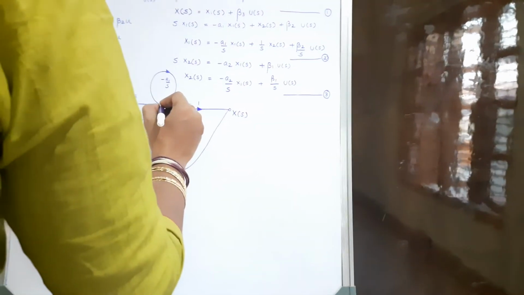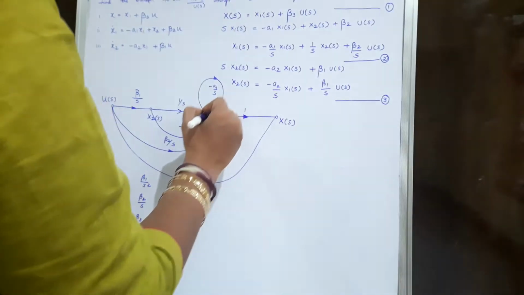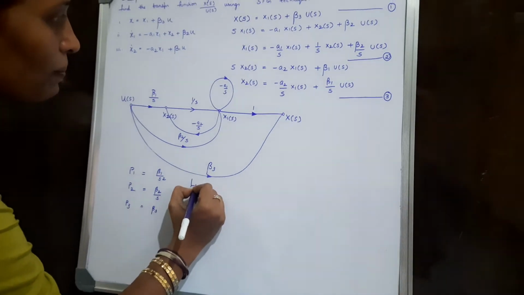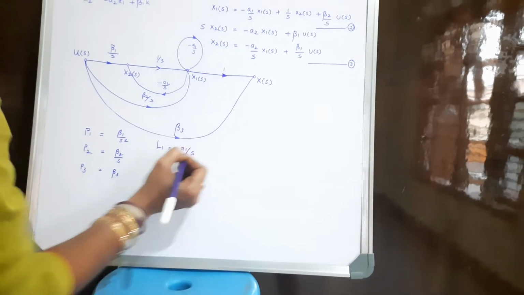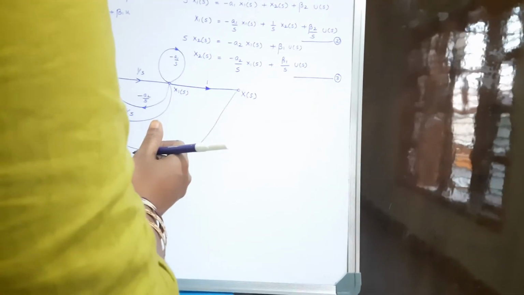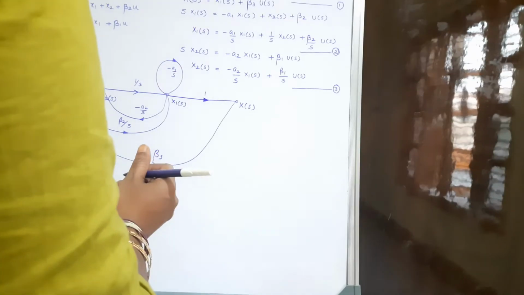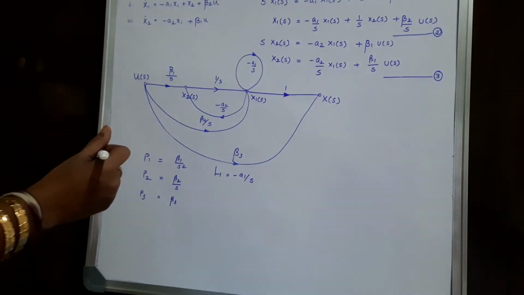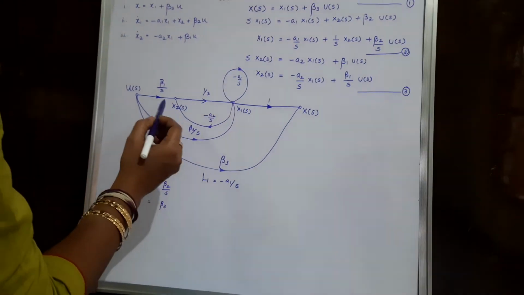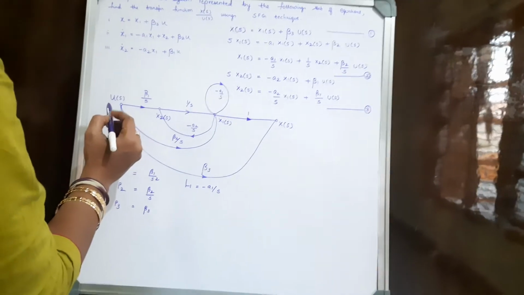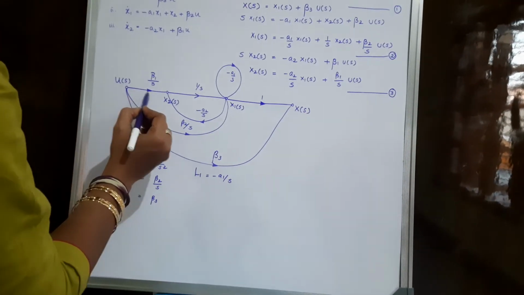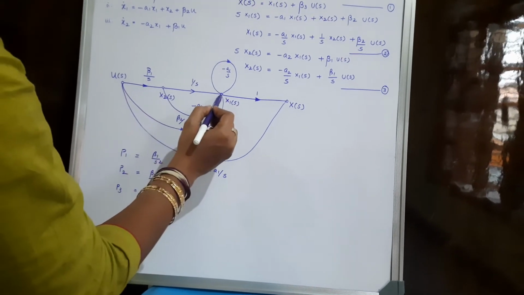A loop is one which starts at the same node and ends at the same node. So L1, the first one, is minus A1 by s. Let me see whether we have any other loops or not here. So you see, we should see here the second loop being minus A2 by s square.